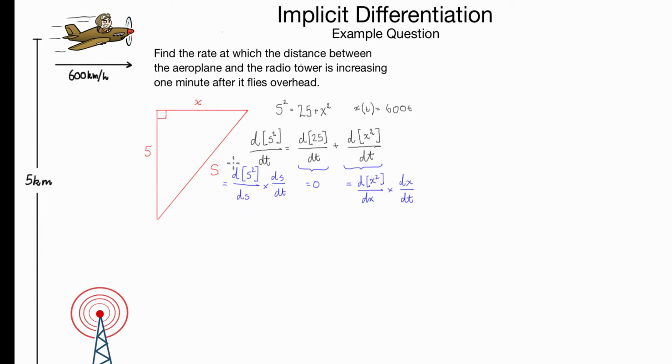So we'll start with computing the rate of change of s squared with respect to s. Now, that is just going to be 2s, because the derivative of s squared is just 2 times s. And we're multiplying that by ds dt. And that's going to be equal to, we don't need the 0 anymore, the derivative of x squared with respect to x, which is 2x, and then that's multiplied by dx dt.